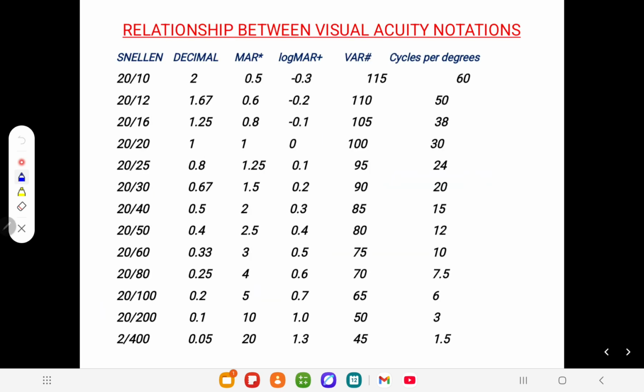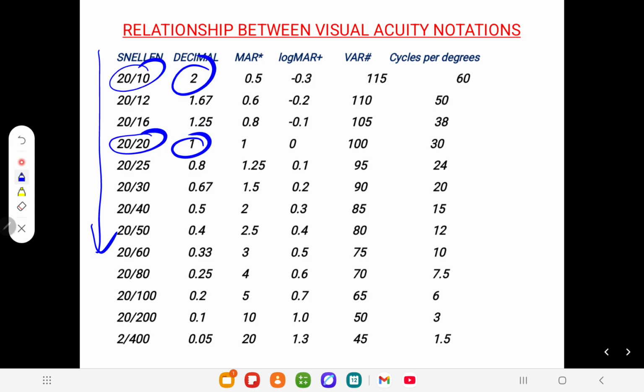See, this is the chart I love. If this is Snellen's chart, then for decimals, just divide it. 20/20 is 1, 20/10 is 2. For MAR, you just invert this. Then you put that MAR into log, base 10, and whatever comes is the logMAR.